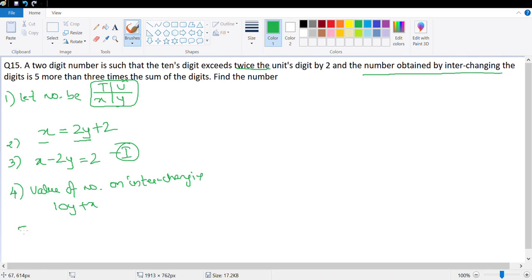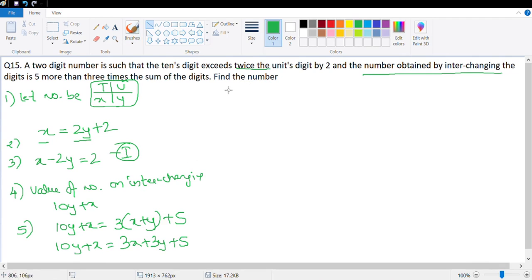The number obtained is 5 more than 3 times the sum of the digits. So 10y plus x is 5 more than 3 times x plus y, plus 5. Yes, that's the correct equation. Now let's solve it. So 10y plus x is equal to 3x plus 3y plus 5.